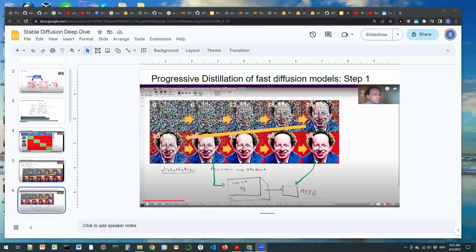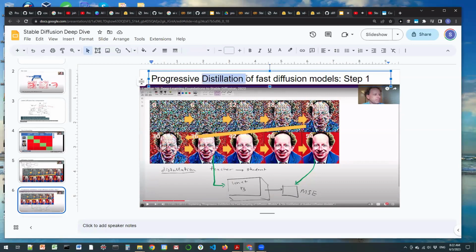But the paper is called Progressive Distillation of Fast Diffusion Models. And what it is, as the title itself says, is an attempt to apply distillation.